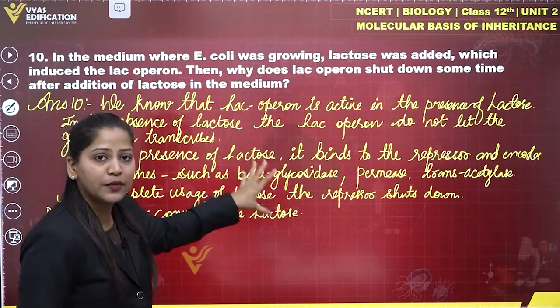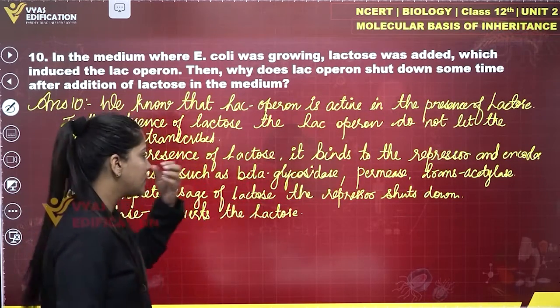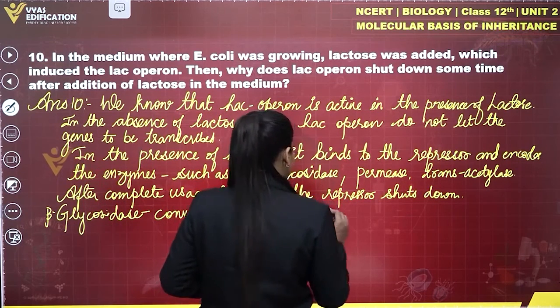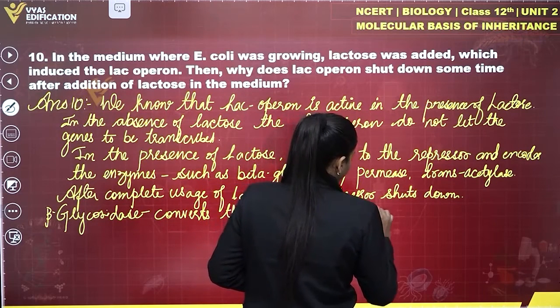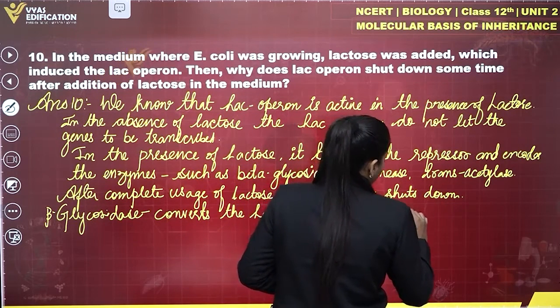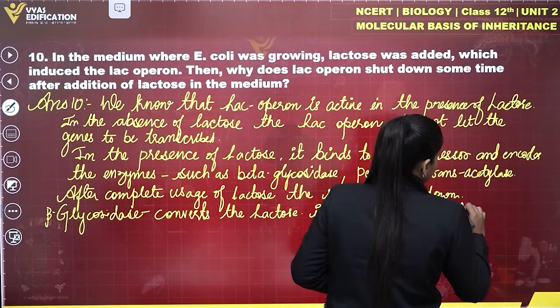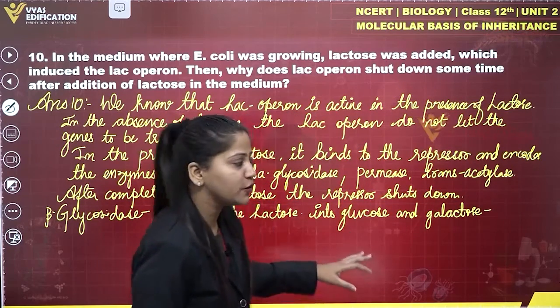After the formation of these enzymes such as beta galactosidase, permease and transacetylase, the beta galactosidase converts the lactose into glucose and galactose, which are readily used by the cell.